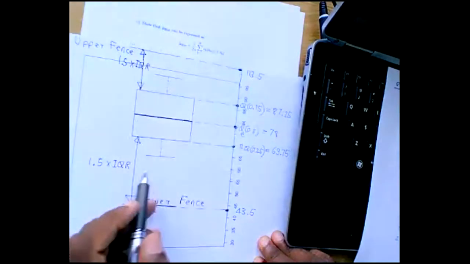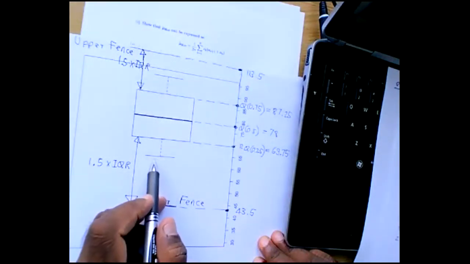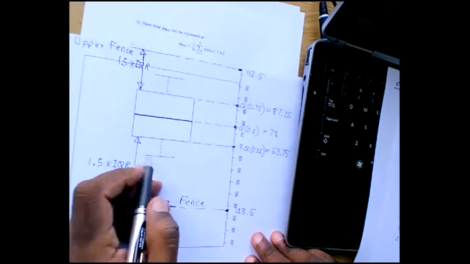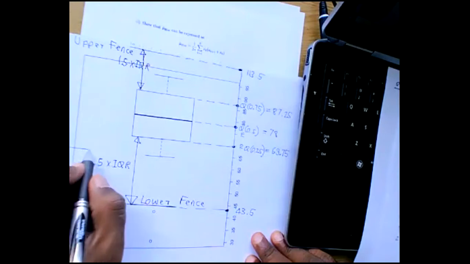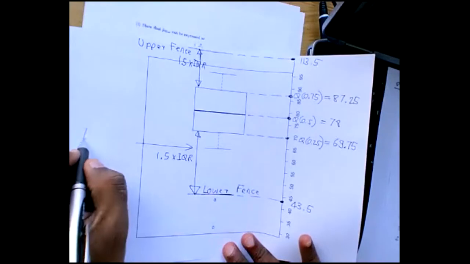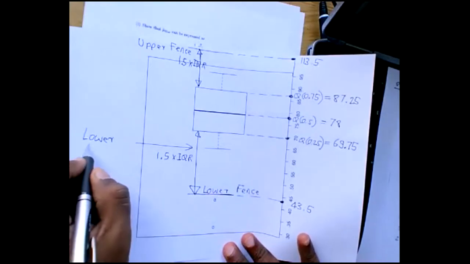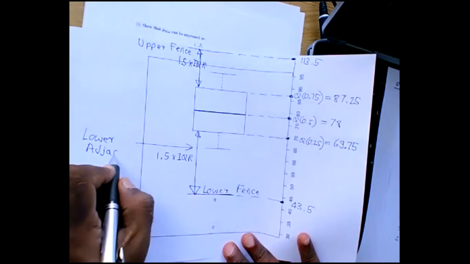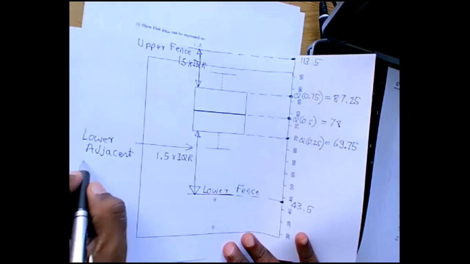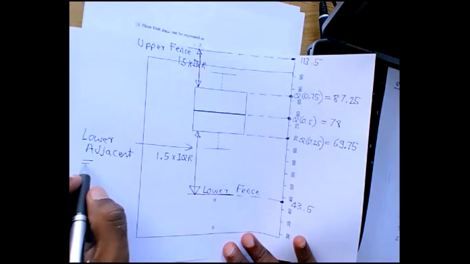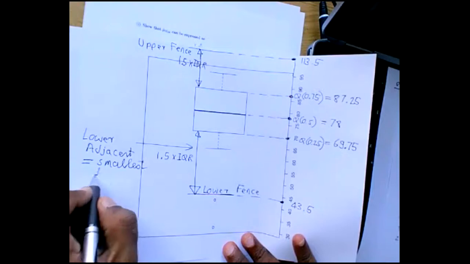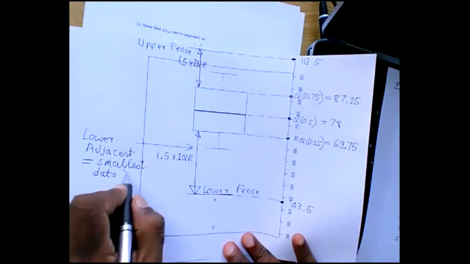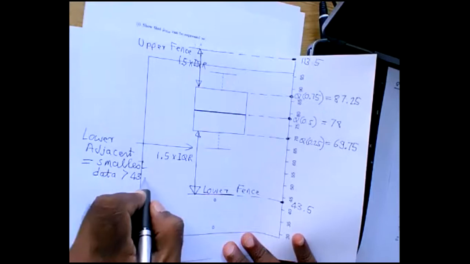Okay, now let's get back to this. This is known as the lower adjacent. Let me write it here. This is known as the lower adjacent, right? And it is computed as the smallest data value that is greater than the lower fence, which is 43.5 here.